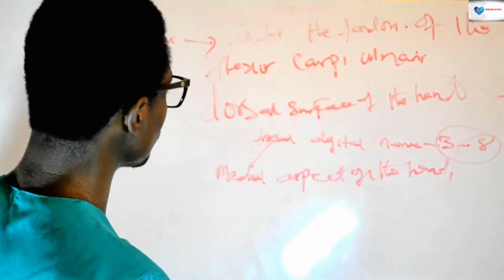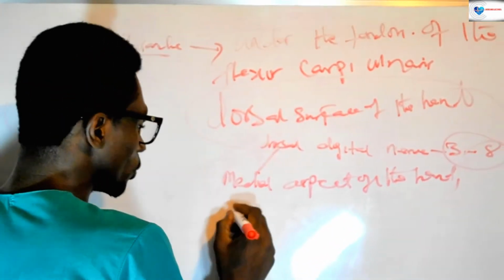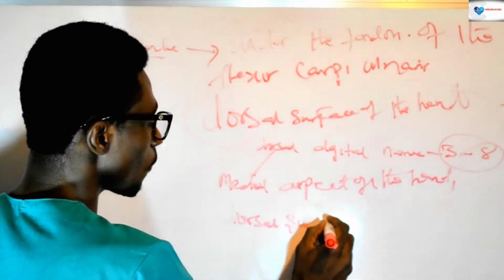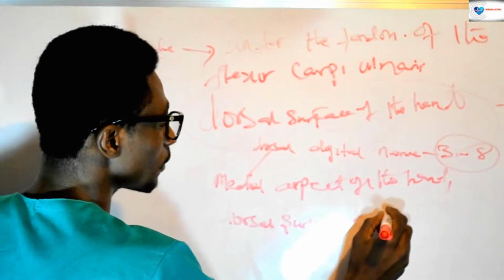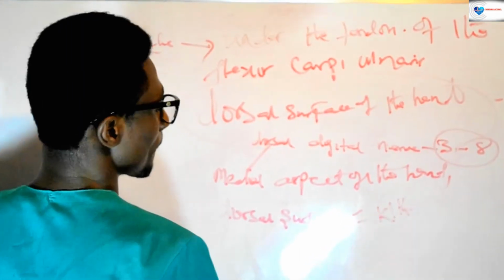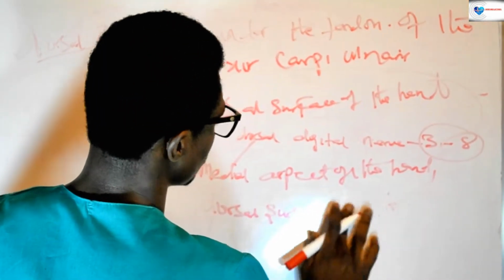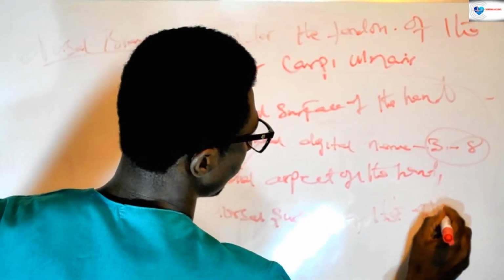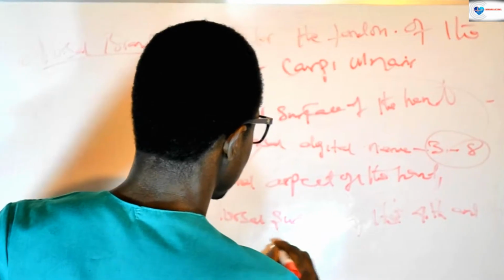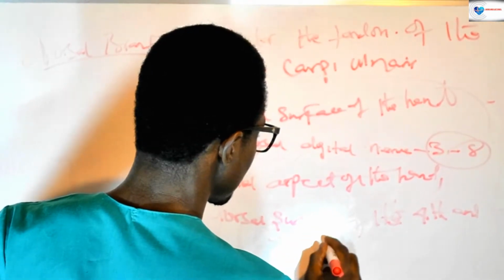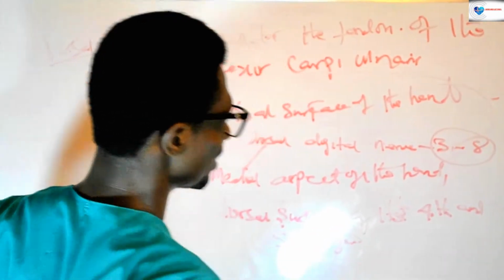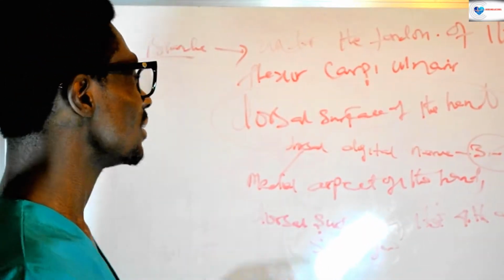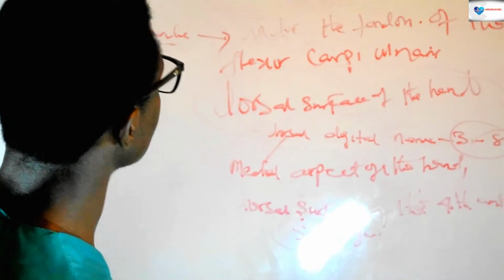And also they innervate the dorsal surface of the fourth and fifth finger. Exactly. All right. Okay, now the second branch is called what?